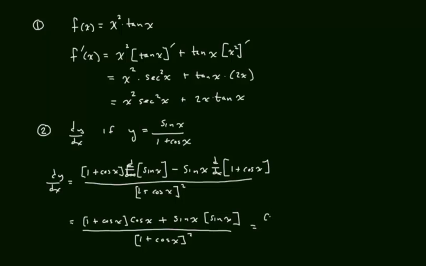So if I distribute, I have cosine of x plus cosine squared of x plus sine squared x over 1 plus cosine of x squared.